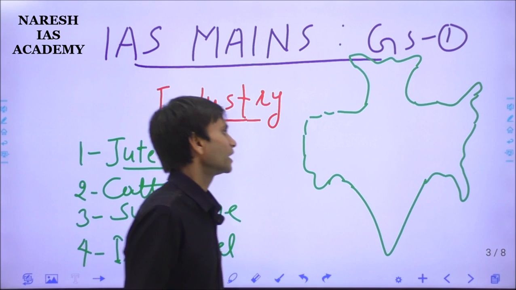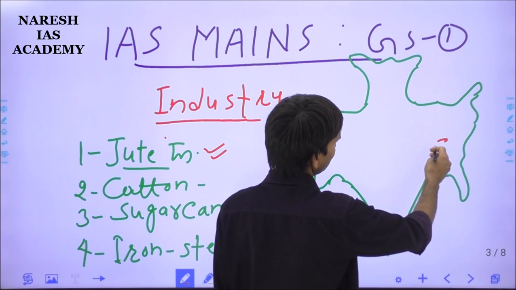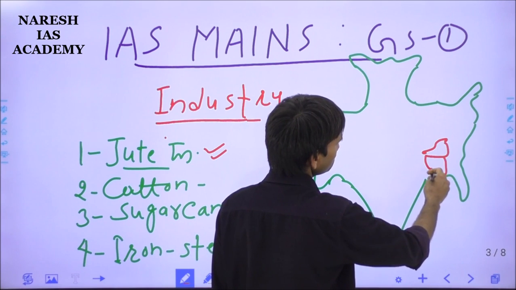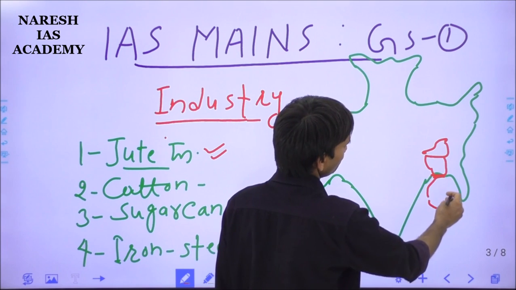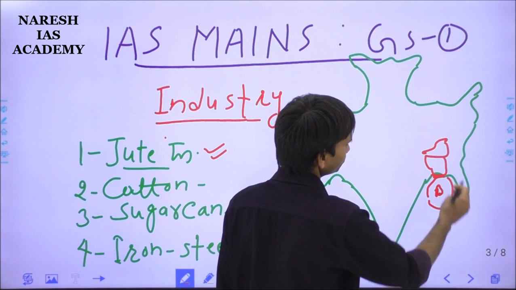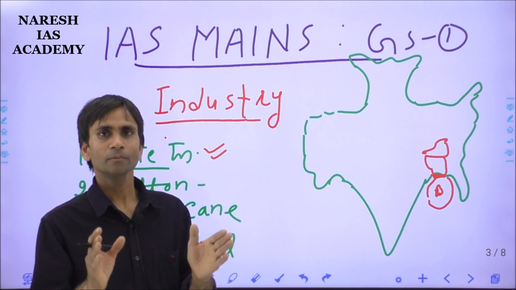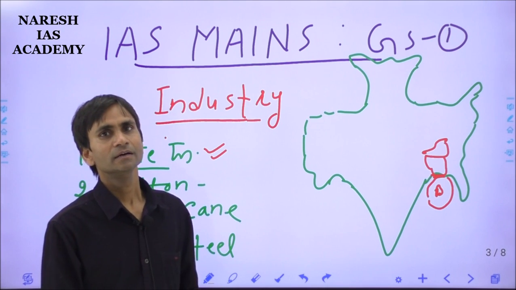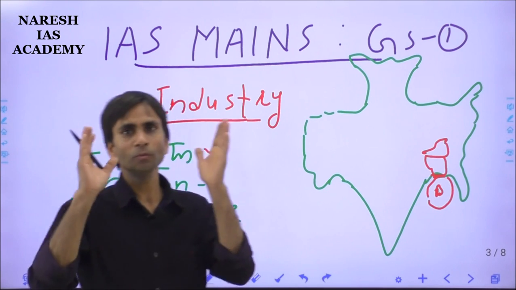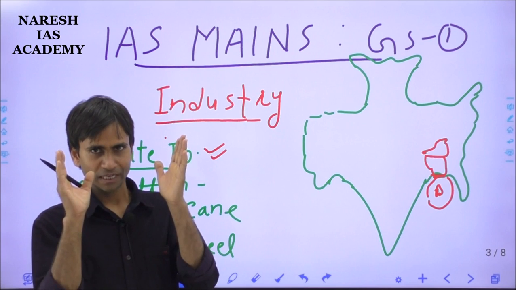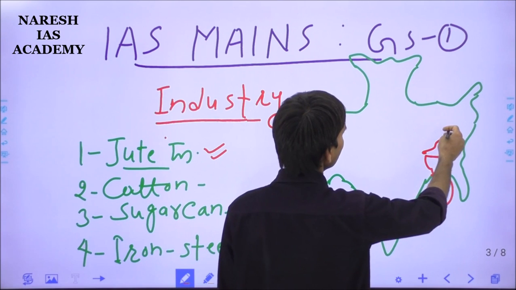You know, when India was partitioned into India and Pakistan, the geographical territory of East Bengal was given to Pakistan, and it was called East Pakistan, but now it is Bangladesh. At that time most of the jute production areas were given to Pakistan, but most of the jute mills or industries were in India, and this continues till today.